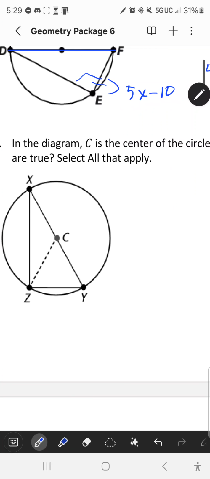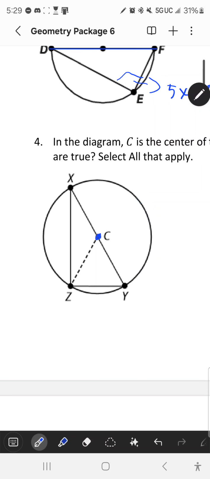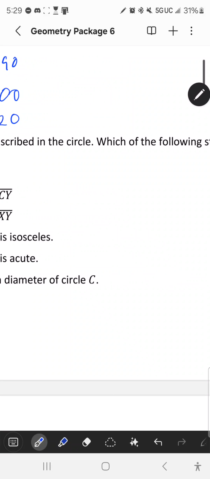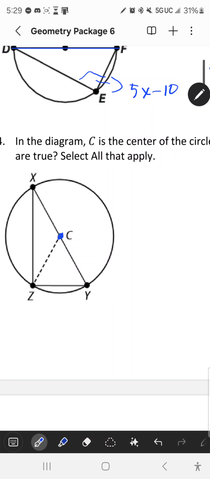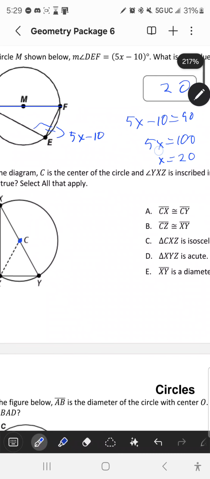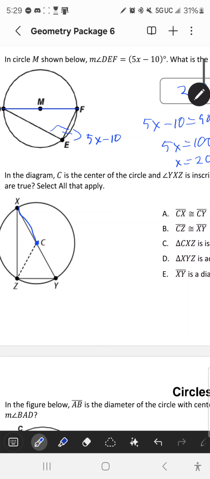Let's continue. In the diagram, C is the center of the circle, and angle YXC is inscribed in the circle. Which of the following statements are true? CX is congruent to CY.